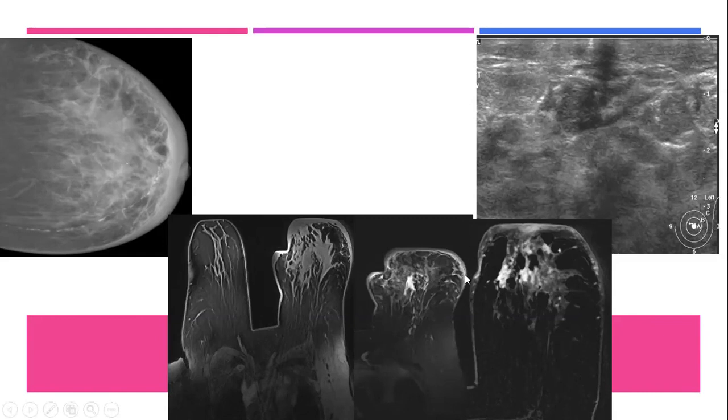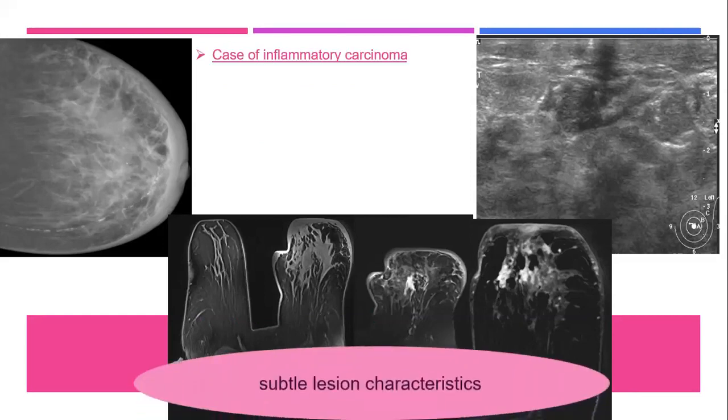These are suspicious for inflammatory breast carcinoma. Lymphatic spread into the skin, and the case was inflammatory carcinoma.